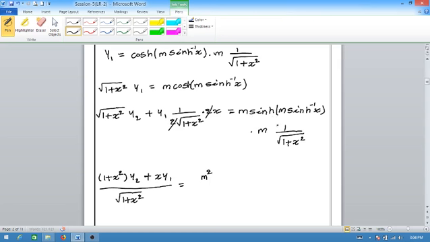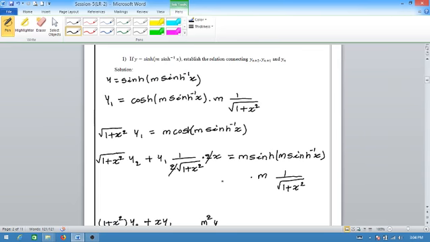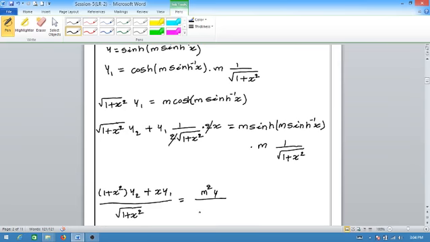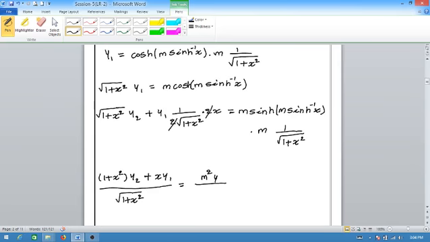Then again sin hyperbolic m into sin hyperbolic inverse x is y, given y is equal to sin hyperbolic m into sin hyperbolic inverse x. Therefore, I have taken it as y, divided by root of 1 plus x square, right.